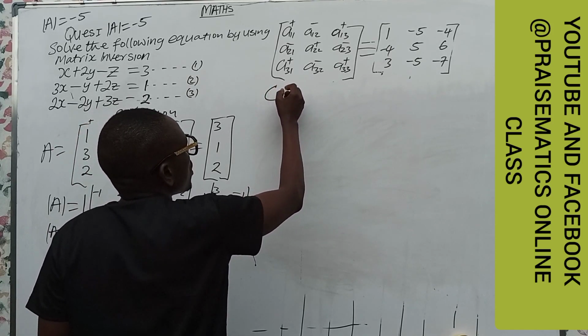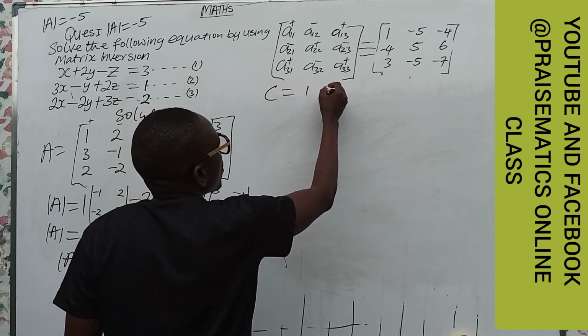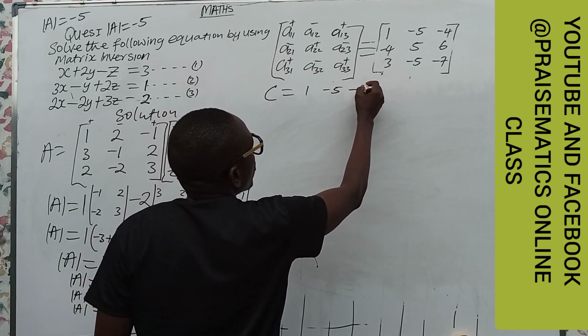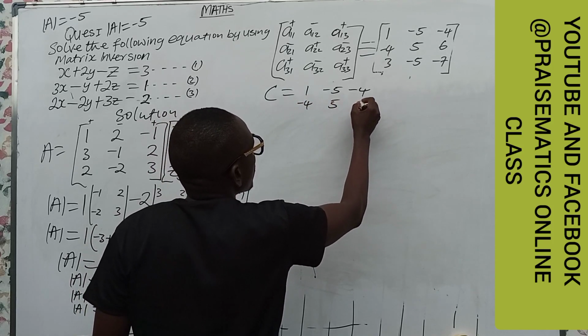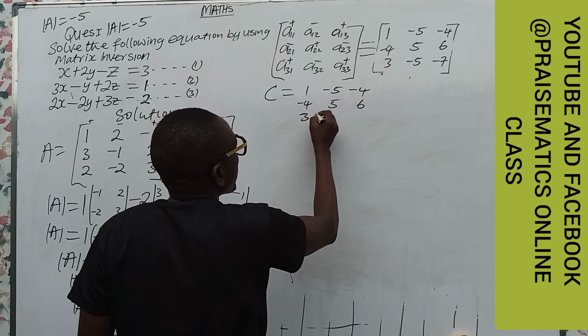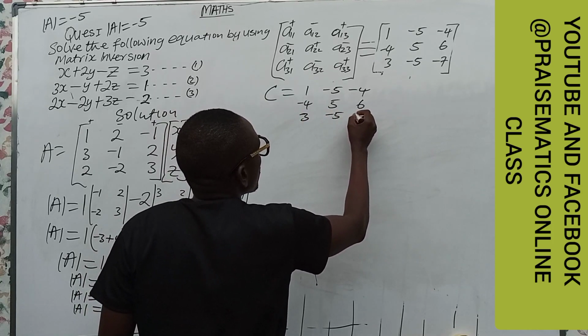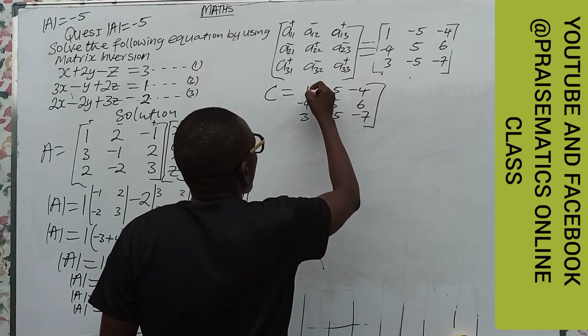Our cofactor C is equal to 1, minus 5, minus 4, minus 4, 5, 6, 3, minus 5, minus 7. This is what we call cofactor.